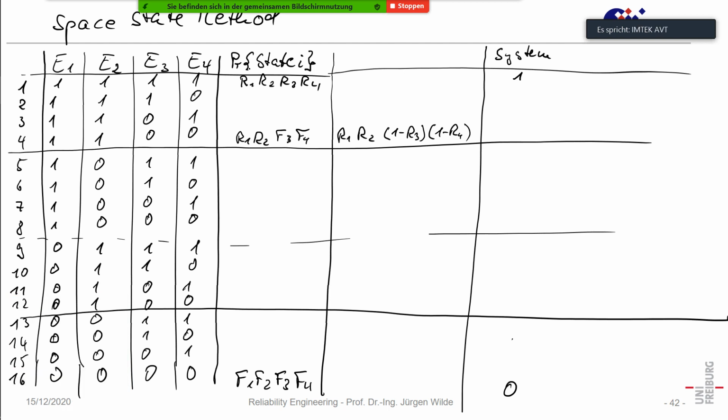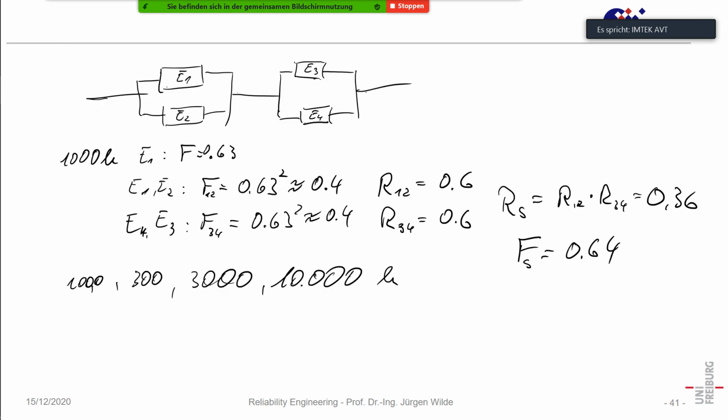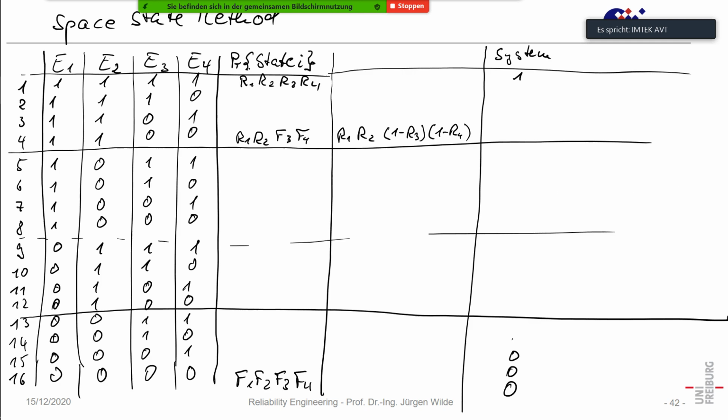So let's say here that's a fail. That's a fail. And if E1 and E2 are failed, of course there can be no path. And then it's also a fail.